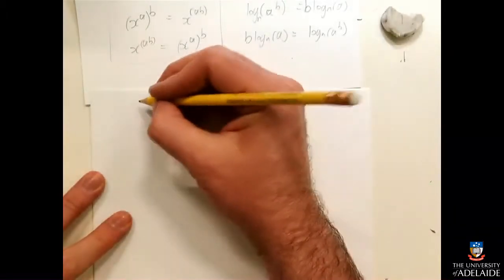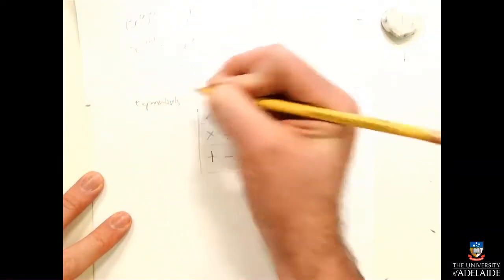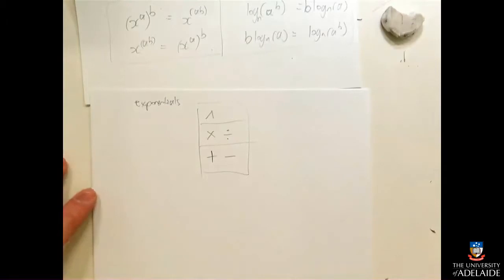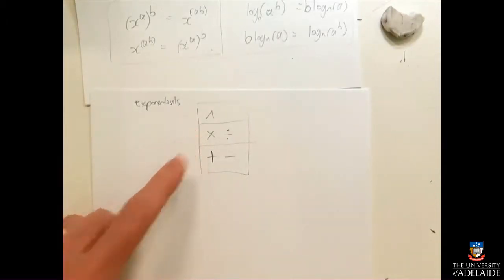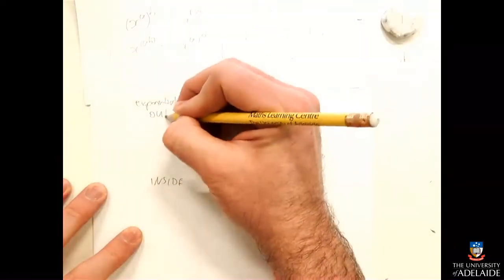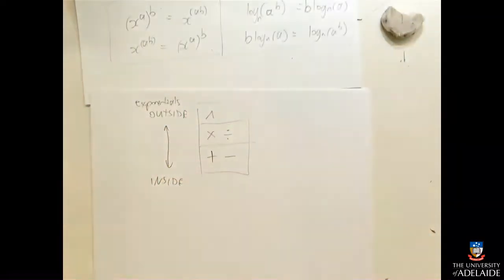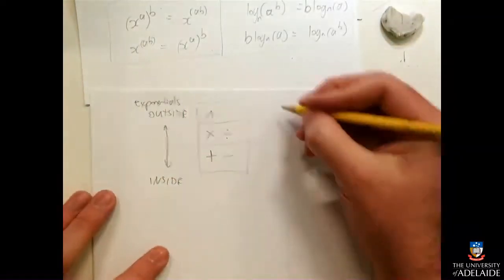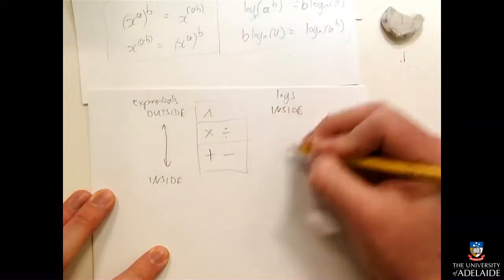So with exponentials, or the index laws, I know that plus on the inside is times on the outside. But with logs, this is the inside and this is the outside.